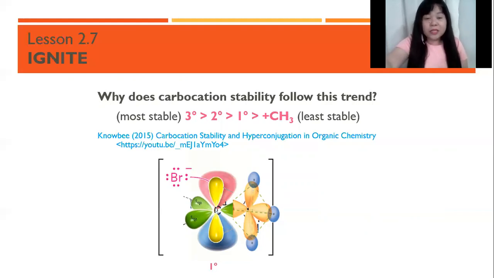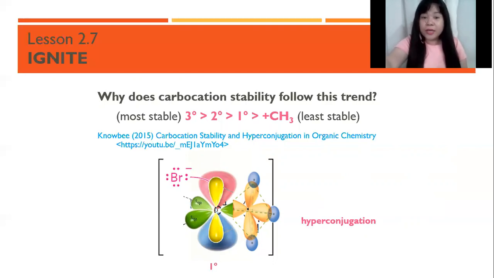Still, is it possible for this to be a little bit more stable and not be left alone to bear the emptiness and the loss of an electron, therefore having a net positive charge? It is still possible, and that is through hyperconjugation.